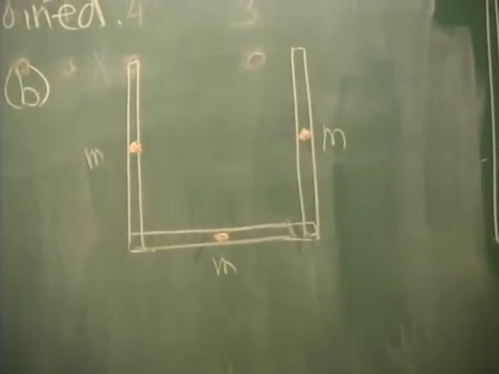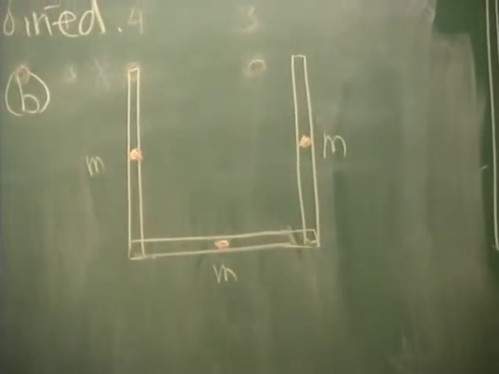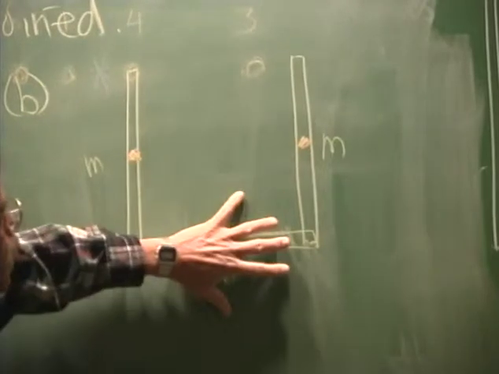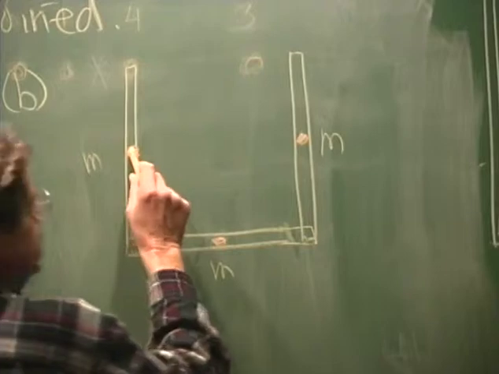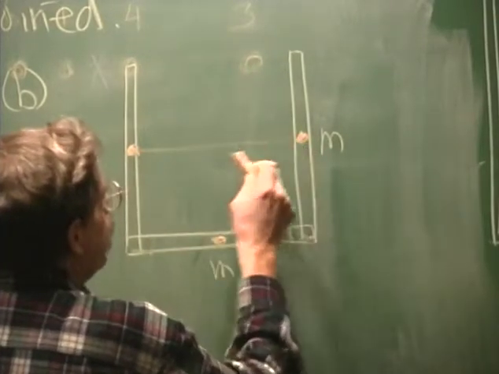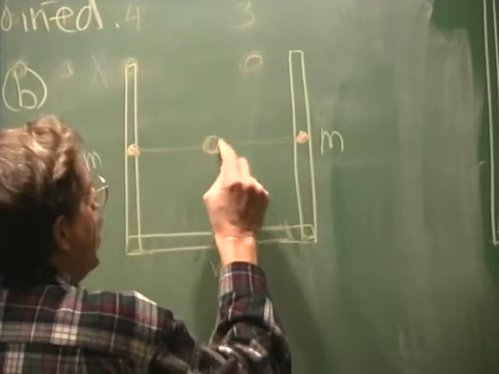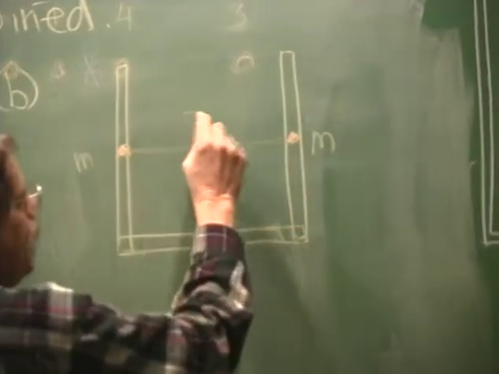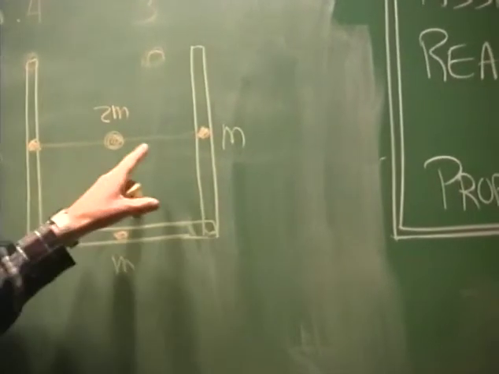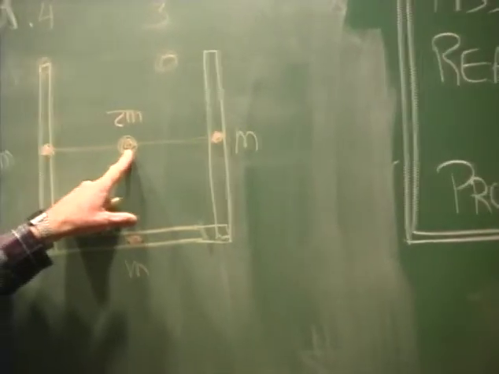Now suppose that I combine these two, ignoring this one for the moment. What would the center of mass of that combination be? Well, obviously halfway along this line. So that would be the equivalent of putting 2m, because there were two of them, at that center point there.